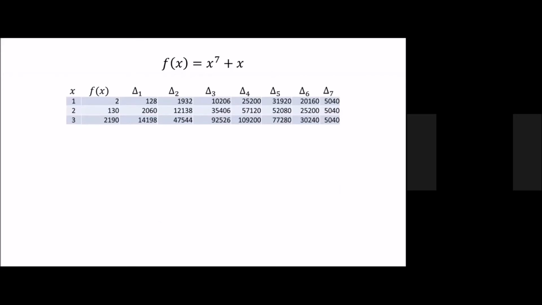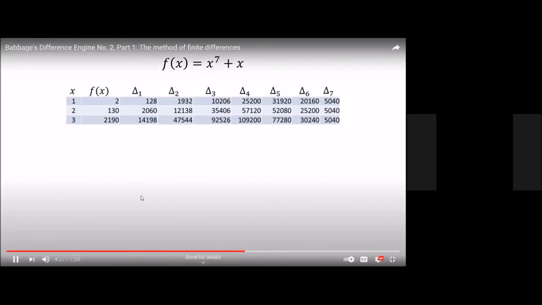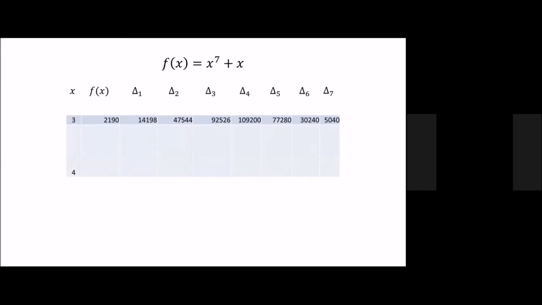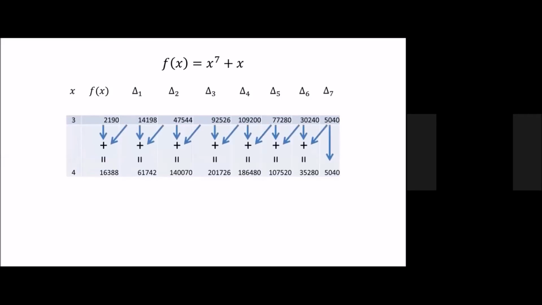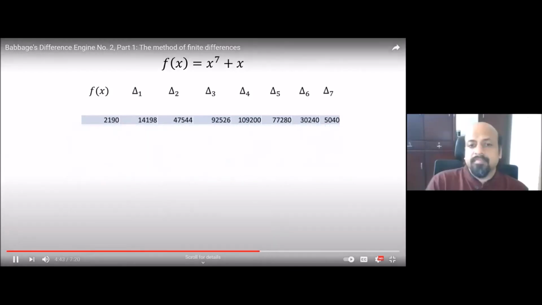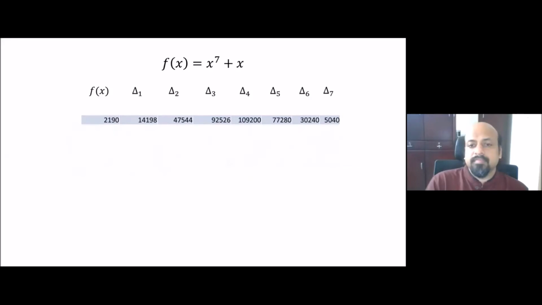A property of the method of finite differences is that each row can be calculated using only the previous row. You don't need to remember any rows before that. And if you order the calculation sequentially from left to right, you only need a single row of storage in your difference engine.